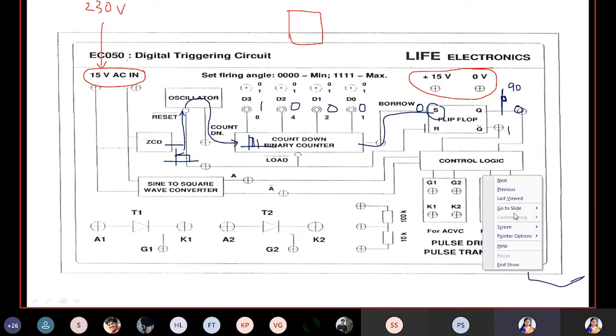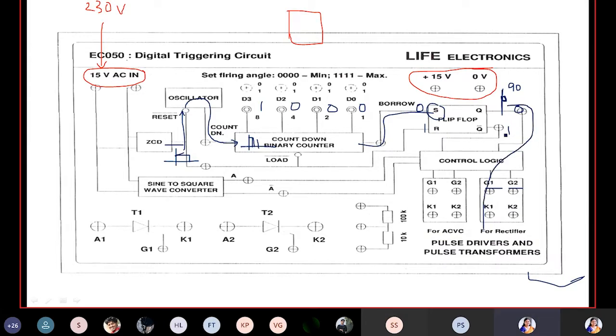G1 is nothing but the gate of the first thyristor, and K1 is the cathode of the first thyristor. You are not supposed to interchange these while doing the connections. You have to connect as it is.